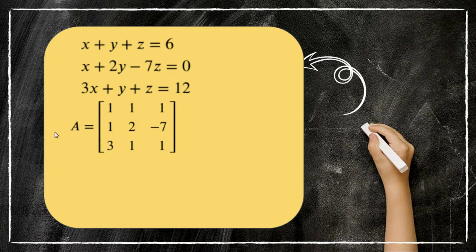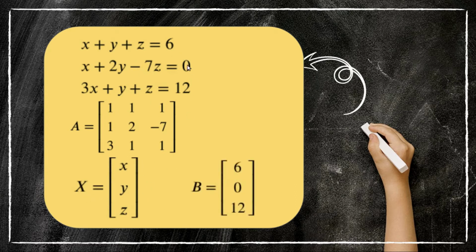So the first row in our coefficient matrix is 1, 1, 1. Second row 1, 2, minus 7. Third row 3, 1, 1. Now x equal to matrix x, y, z. Unknowns are x, y, z. And b equal to 6, 0, 12.